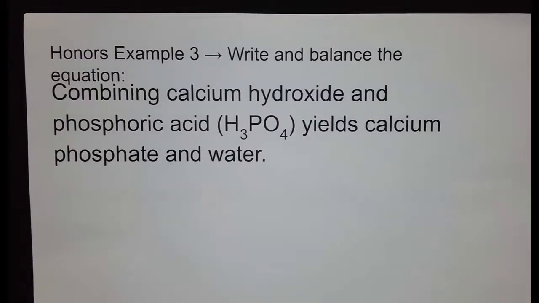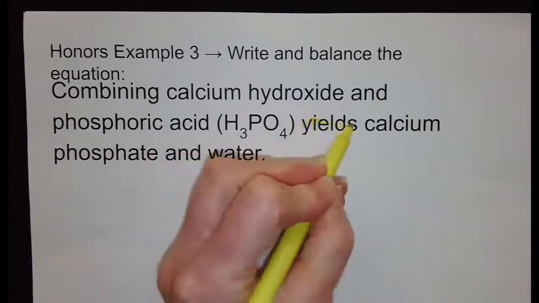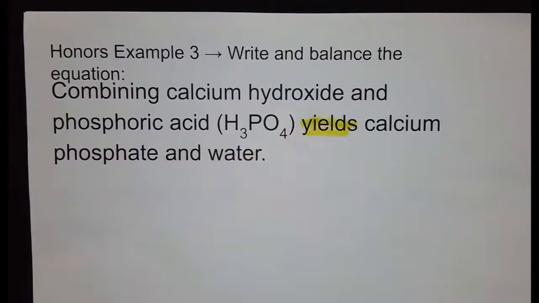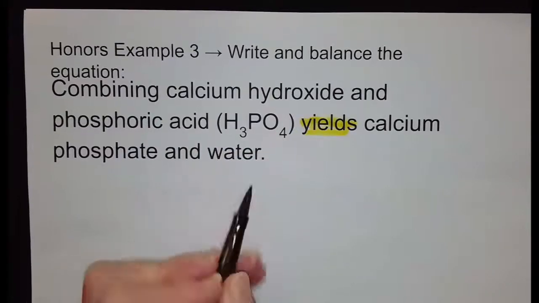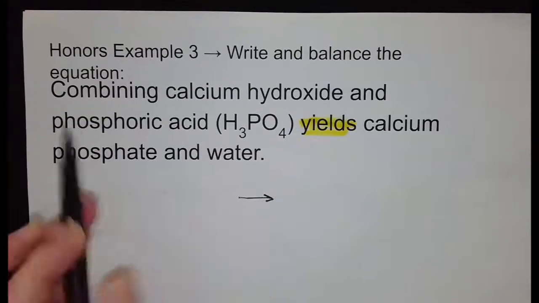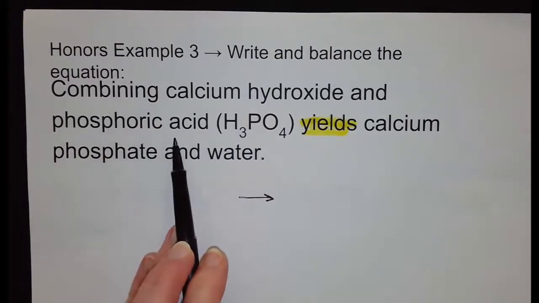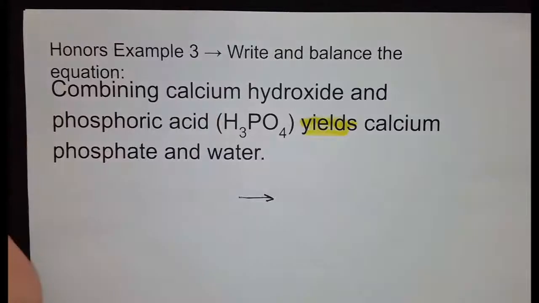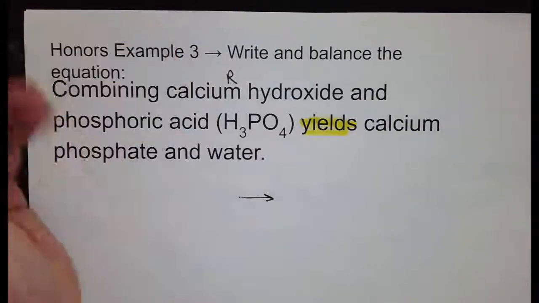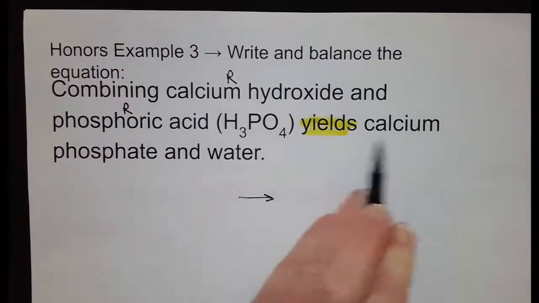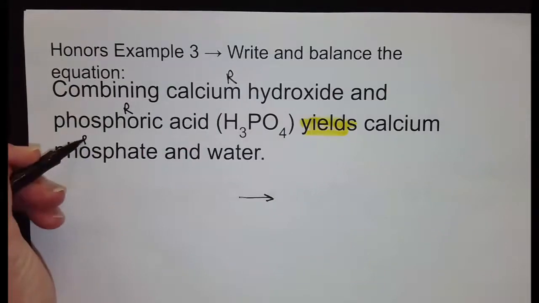We want to look for that word produces, makes, results in. This one's nice and easy because it actually says yield. So bingo, that's the beginning. Combining calcium hydroxide and phosphoric acid. So these are reactants. Combining these two yield calcium phosphate, a product.